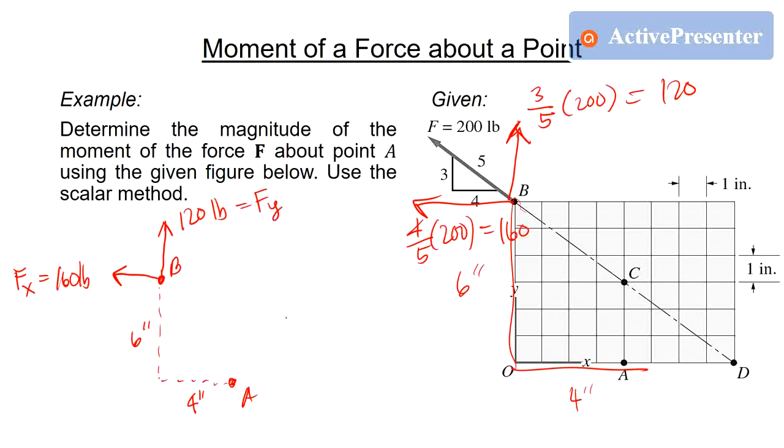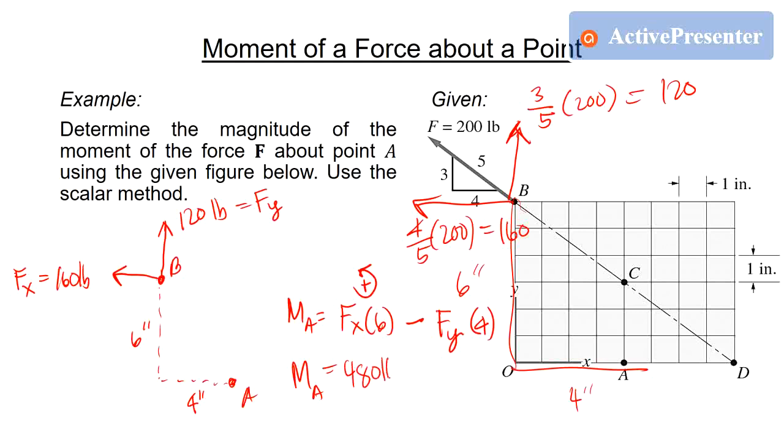So the moment about point A is simply Fx times 6. This is counterclockwise, so that is positive. Then we have negative Fy times 4. So we get 160 times 6 minus 120 times 4. So the answer is 480 pound-inch. That is positive, so this is counterclockwise.